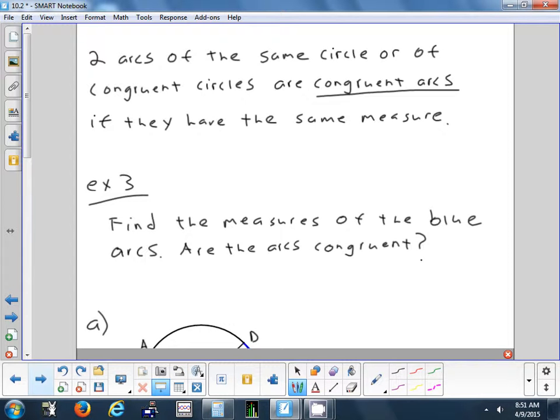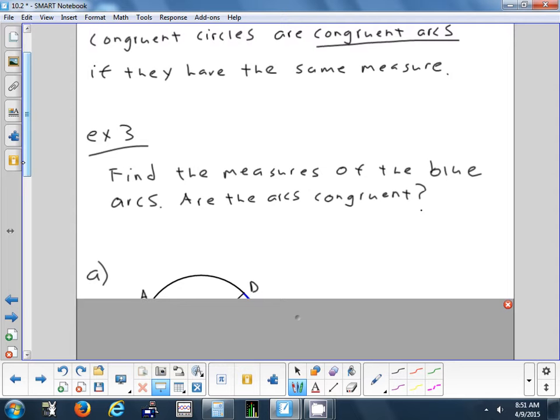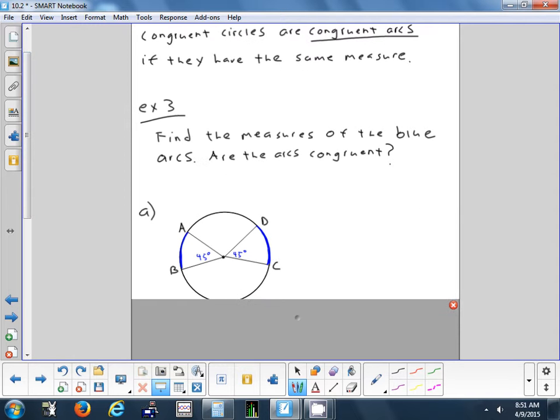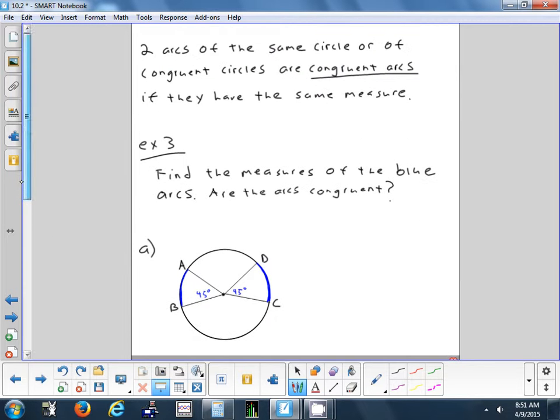All right. So I'm going to give you some pictures, and all I want to know is, are the arcs congruent? Yes or no? Okay, how about in A? Is arc AB and arc GC, are they congruent?